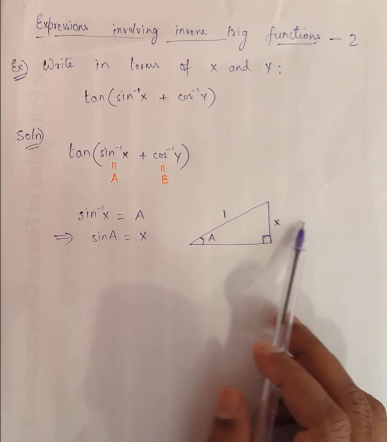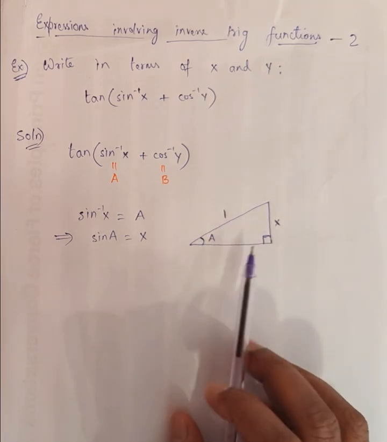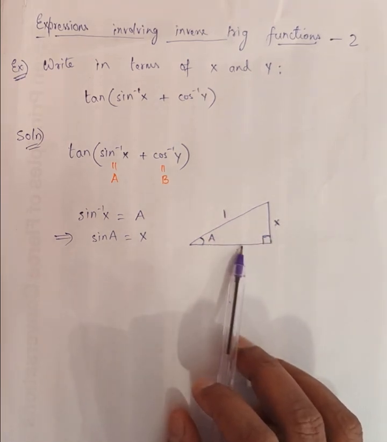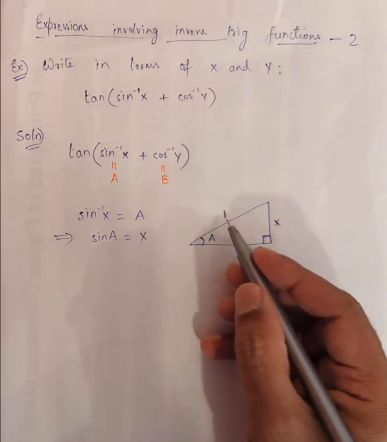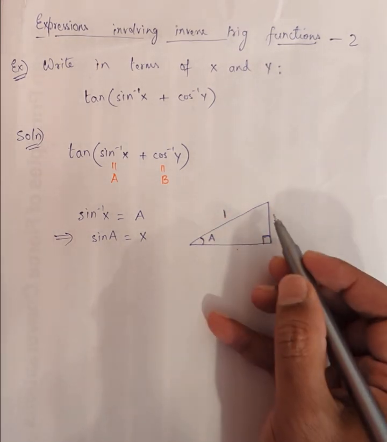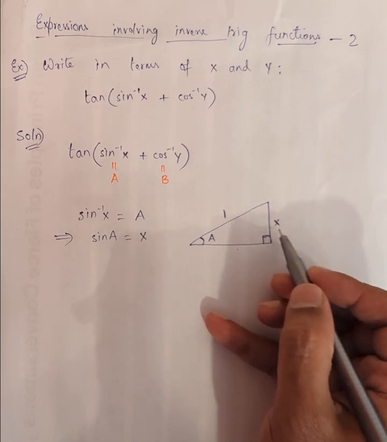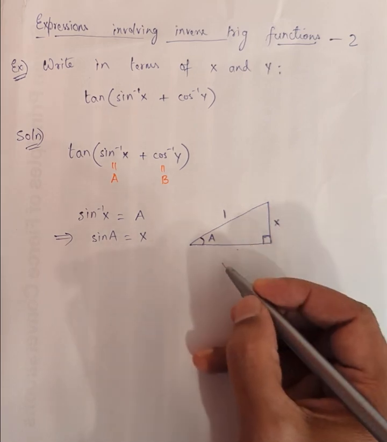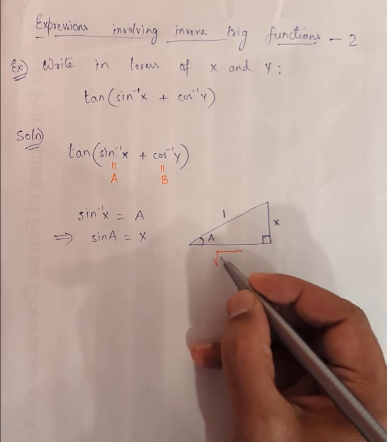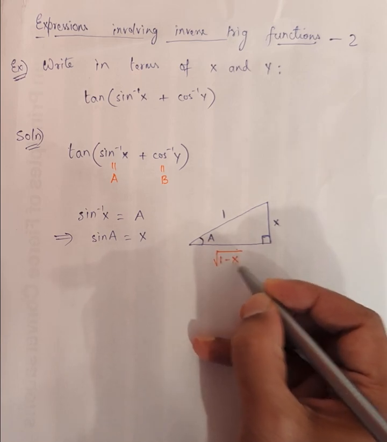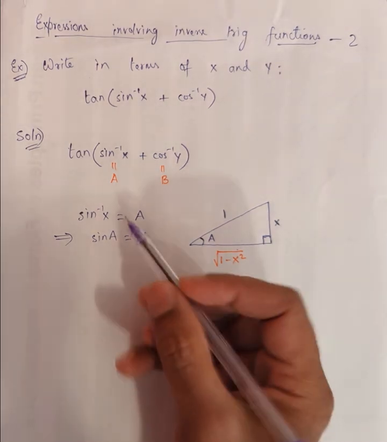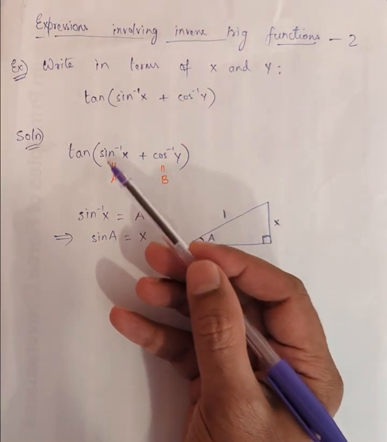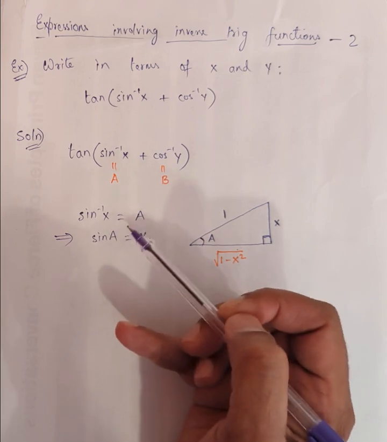Now once we figure out these two sides, the third side can be found from the Pythagorean theorem. You square the hypotenuse and square the leg and then subtract. And then take the square root. So it's going to be square root of 1 minus x square. So that's coming from writing sine inverse x equals A.